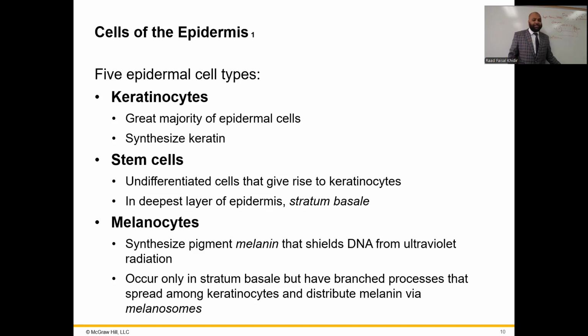Not me, because some of my family, it's a mix, but in Sudan you see a lot of really, really dark skin. And that is because the melanin is secreted to shield and protect your DNA. It's like putting sunscreen on your DNA. It synthesizes the pigment melanin that shields DNA from the ultraviolet radiation.